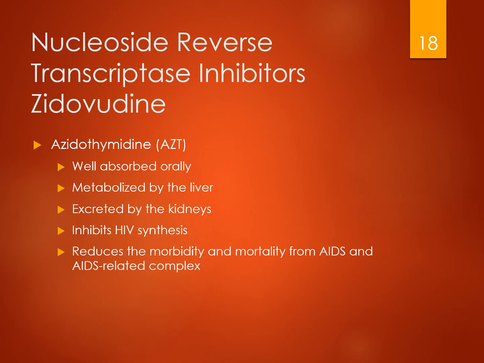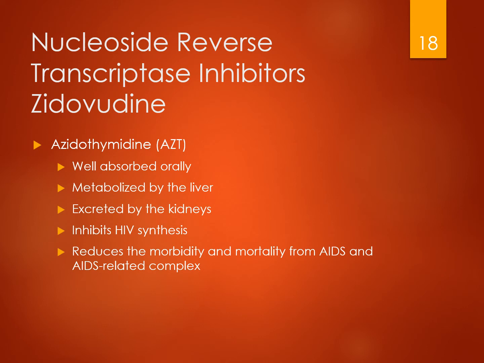Nucleoside reverse transcriptase inhibitors are the first class of drugs developed to treat HIV. Zidovudine, or AZT, Retrovir, was the first in this group and is converted into zidovudine triphosphate and then incorporated into DNA polymerase so that the synthesis of viral DNA is terminated.